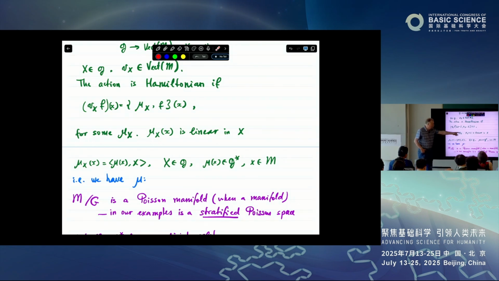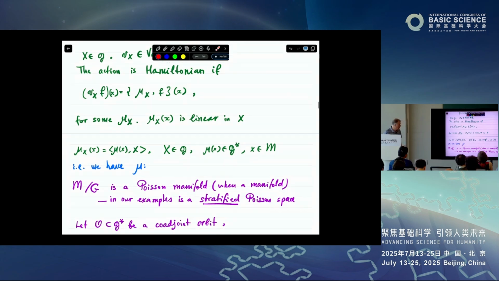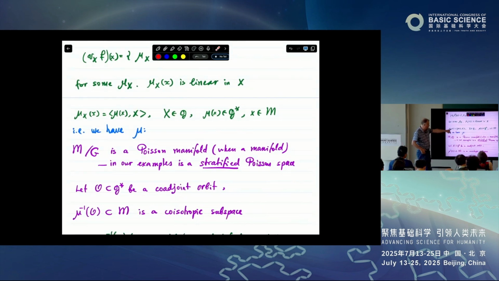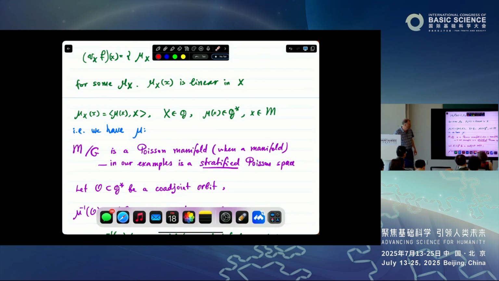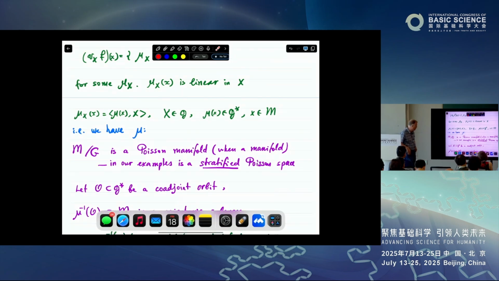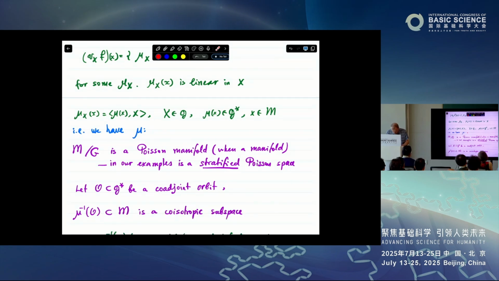Clearly mu is linear in x, and that's why we can write it as the pairing between an element of the dual Lie algebra and x. I knew that I'll forget something. So we have a map mu from M to G star. That's the moment map.